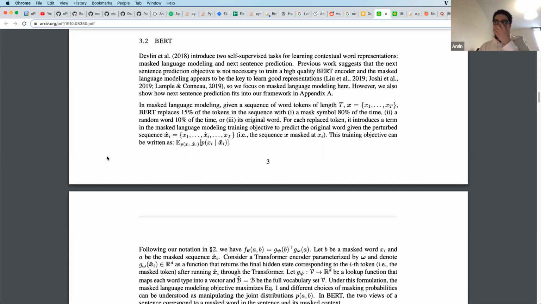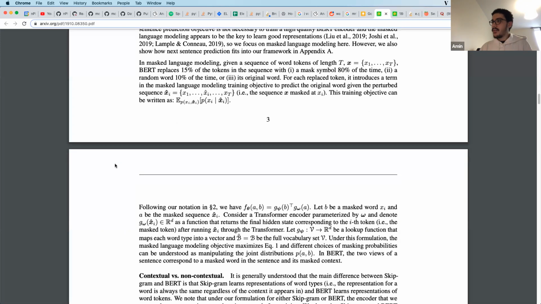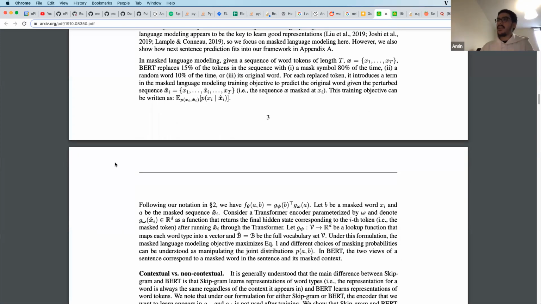The objective here is to train the model to predict the missing words, or the masked words, given the other words in the sequence. And how does this fit into the framework?